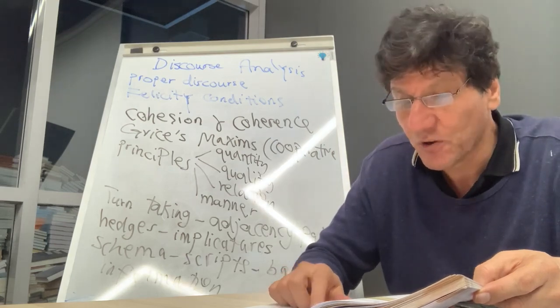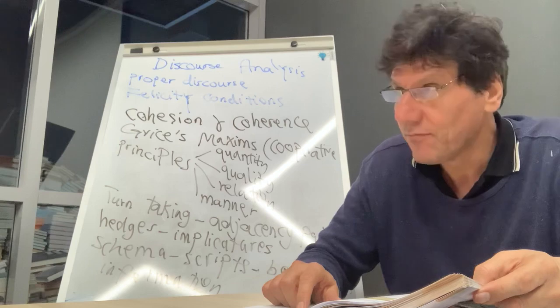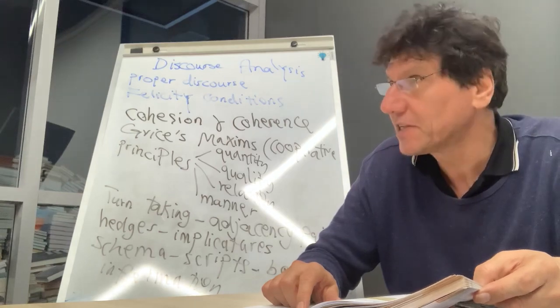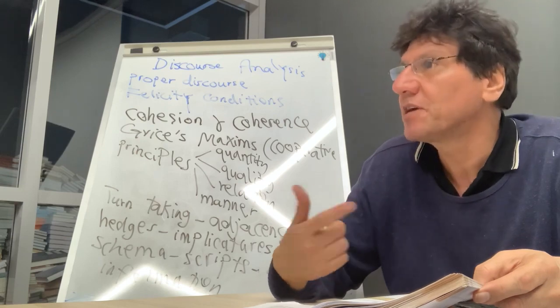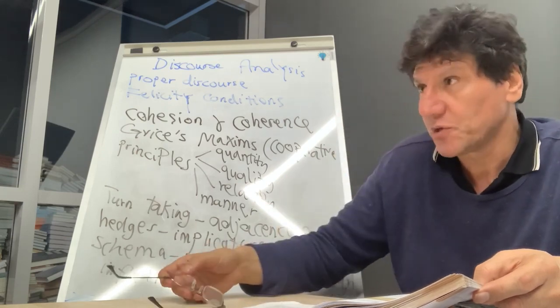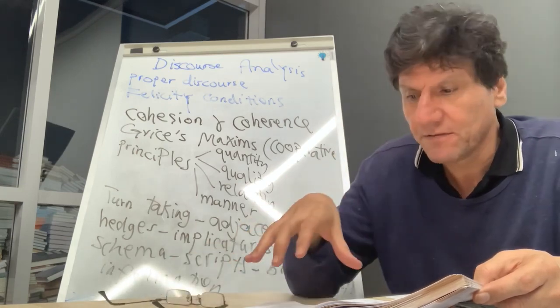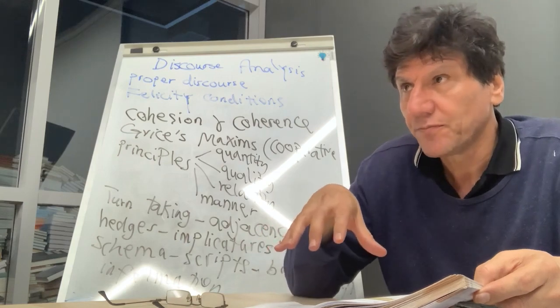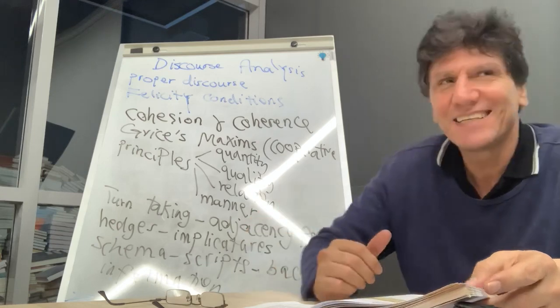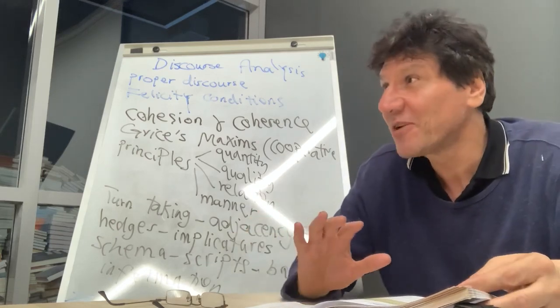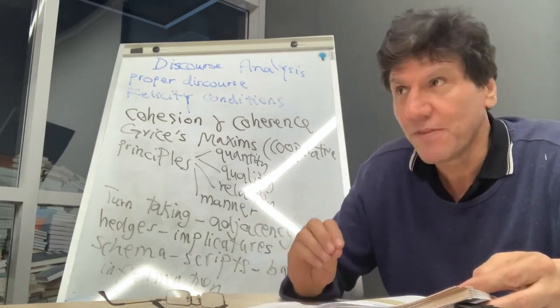Mary says, "I've got an exam tomorrow." Is she going to the party? No. You create the implicature. You create the relationship. So this is a part of proper discourse. If you say, "Okay, yes, you have an exam, let's go to the party," it's wrong. You have not figured out the meaning.